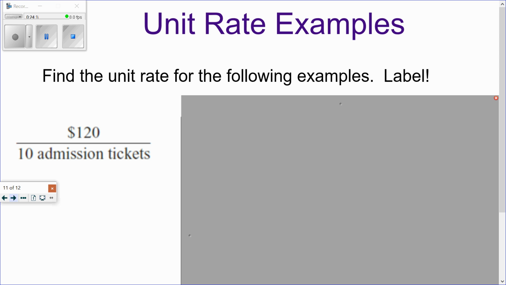It is as easy as just performing the division. What is 120 divided by 10? 12. This fraction is really going to reduce to 12 over 1. I could put it over 1, right? And then we just label it. It's $12 per 1 ticket. And you could write that in words if you wanted to. $12 per 1 ticket. That's the unit rate.